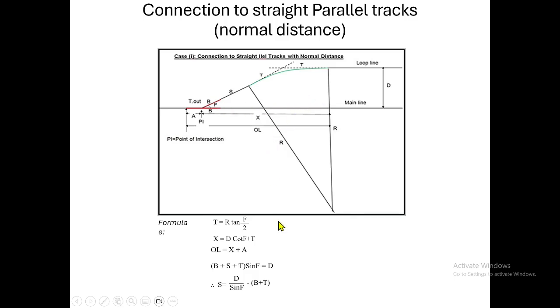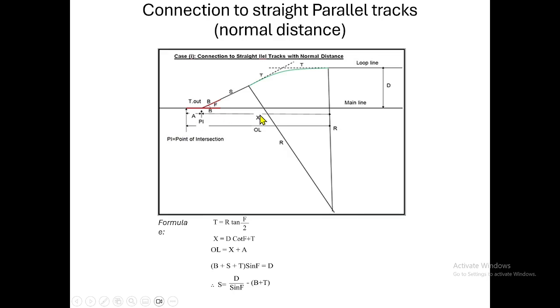So how to do that here? As already discussed, we have the formula, and trigonometrically we can resolve this. For fixing it, we have to find the tangent point as well as the SRJ locations, and for that we need to find the overall length. For the overall length, first we find the x distance, the horizontal distance, and adding A, we get the overall length.